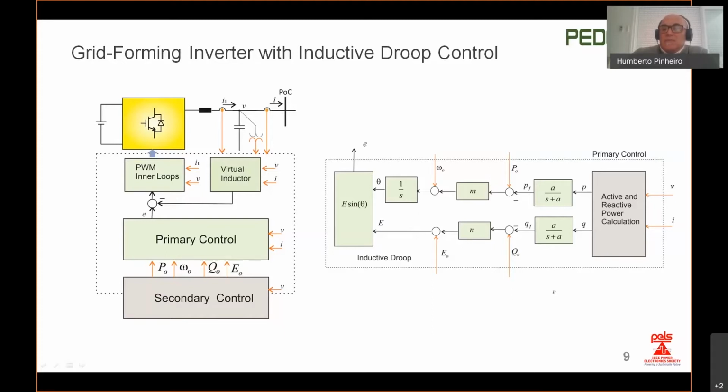It's important to note here that in a low voltage network, for instance, the equivalent impedance seen by the inverter is not always predominantly inductive. But you can use an inductor, or a virtual inductor embedded in the controller, to make the output characteristic of this DR, or this inverter, inductive. Okay, let's move on.